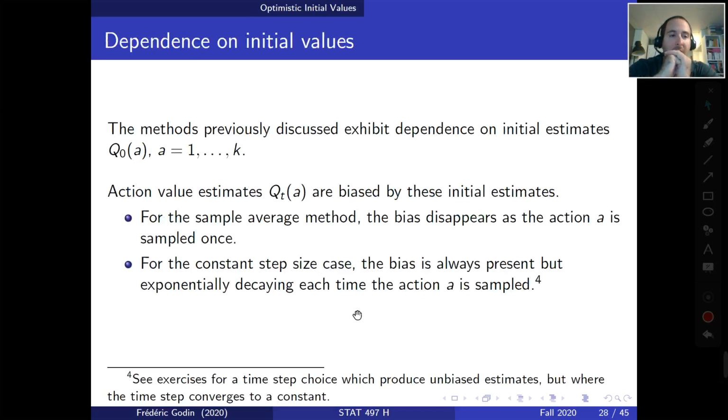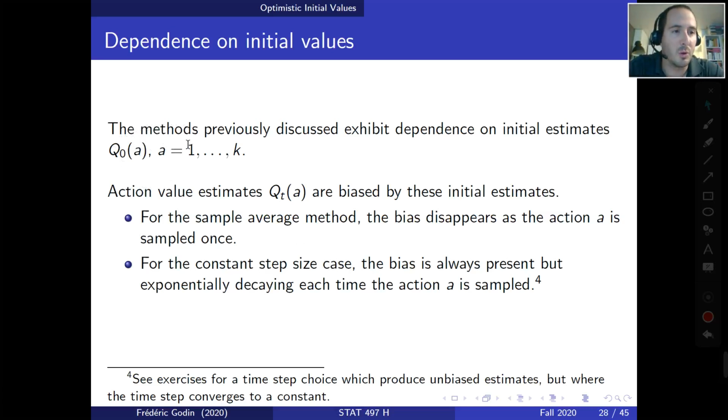So the methods we've discussed earlier, and I mean in particular the exponentially weighted scheme, have estimates of action values which are dependent on this. I wrote Q0(A), but maybe I should have written Q1(A).